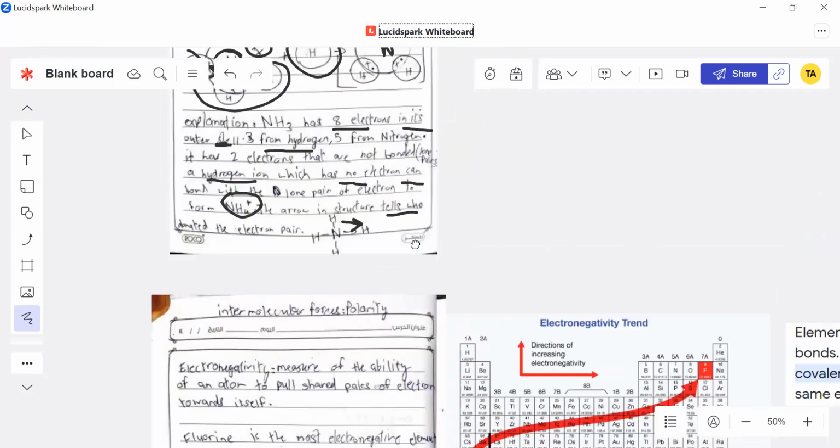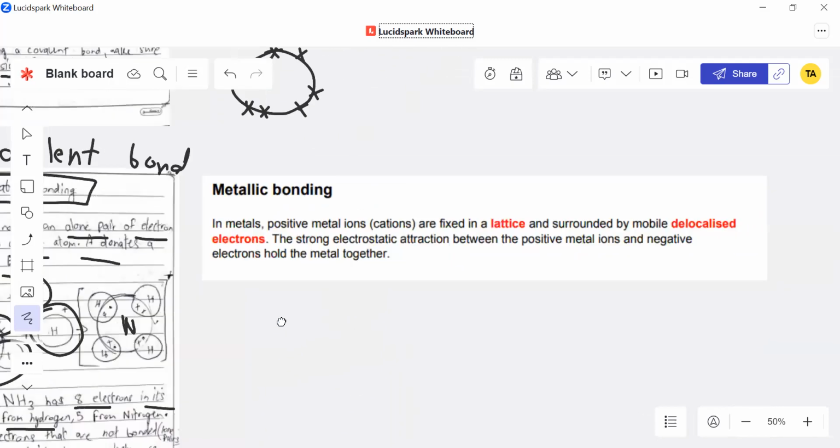And yeah, so there is one more type of intramolecular bonding. It's called metallic bonding. In a metal, you have positive metal ions, cations, which are in a fixed state that is called a lattice. And these cations are surrounded by delocalized electrons.